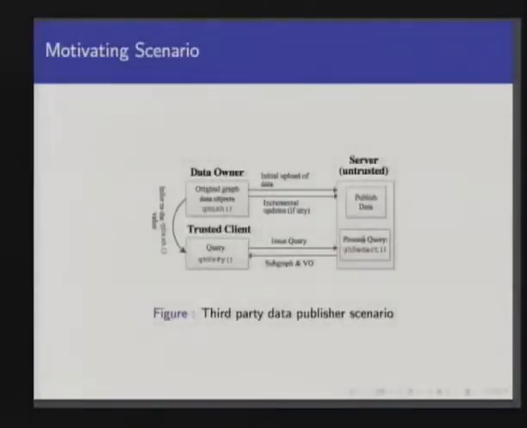So at the user side, the users want to be assured that the query answer or the results which they have received from the third-party server have not been forged. It means the content and the structure of the result which a user has received is intact, as present in the original graph or the original data which was present at the untrusted server.